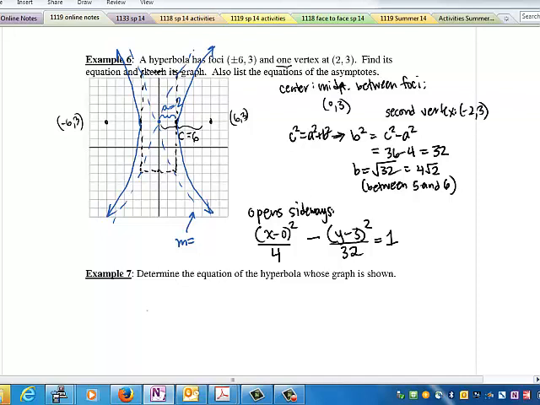So for one, the slope would be square root of 32 over 2, or let's do this, 4 square root of 2 over 2, which is 2 times the square root of 2. And for the other, we would have negative 2 square root of 2. You can see the slopes are just opposite sign.